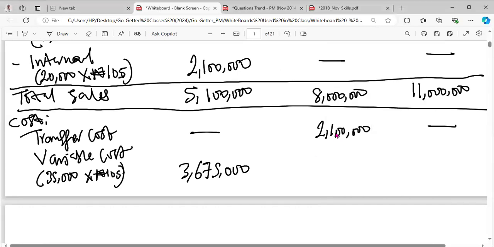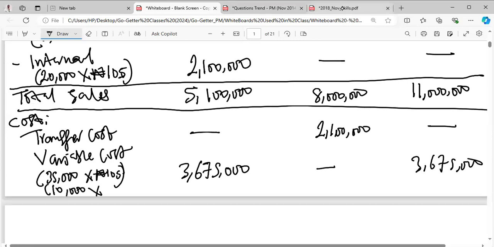Then we put a dash here, and this is 3,675.